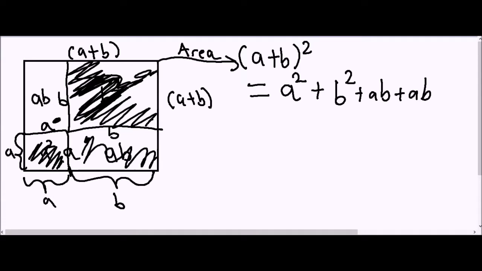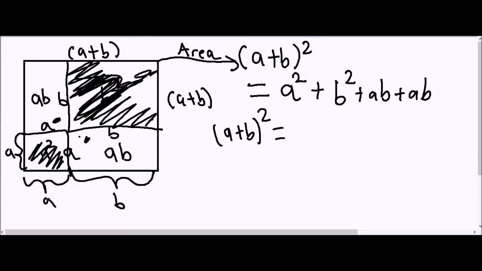Now we have covered the whole square. I'm going to erase those marks just for clarity. So we're just going to tidy up our equation. We have (a plus b) squared, which is again the area of this whole square.